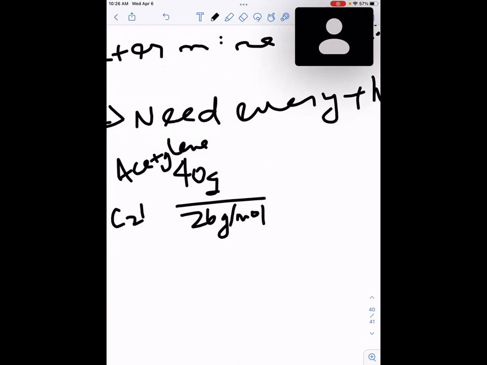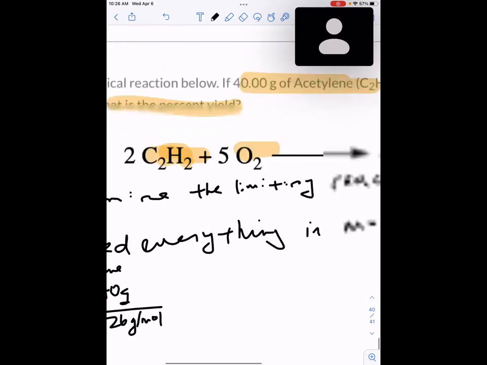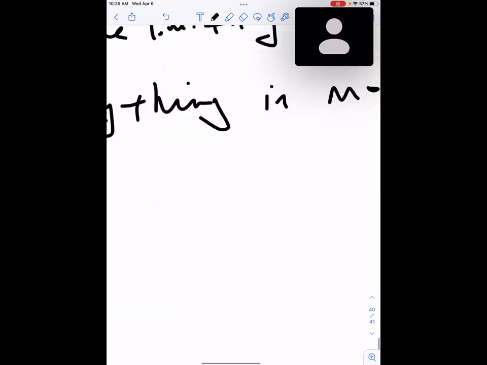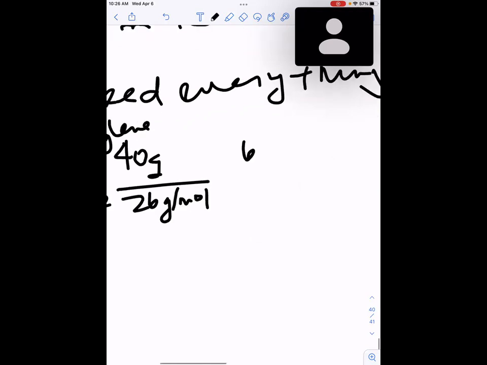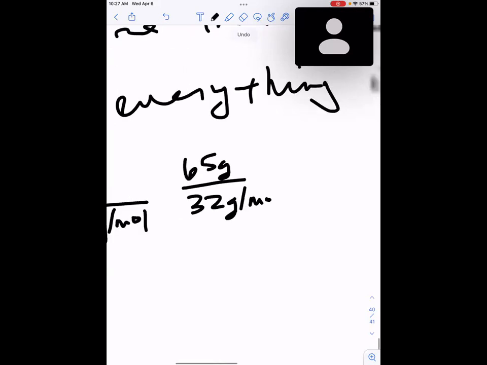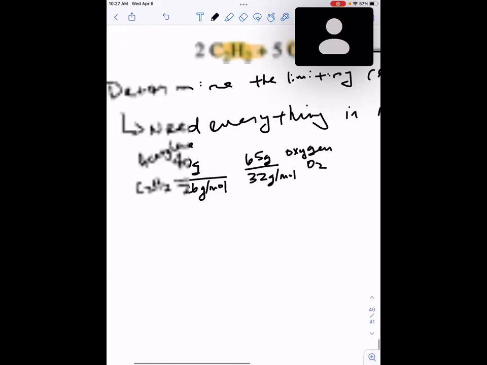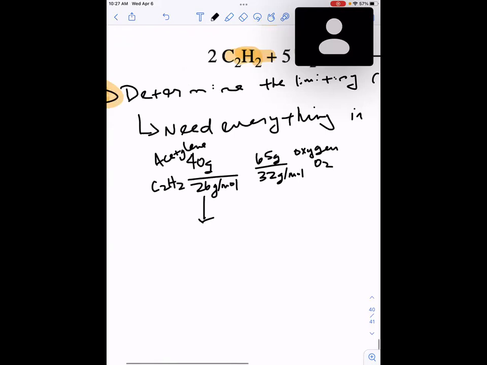And then for oxygen, how much did they give us? 65 grams of oxygen over 32 grams per mole. All right, and this is for oxygen. All right, can we get somebody to calculate the moles for each one of these?